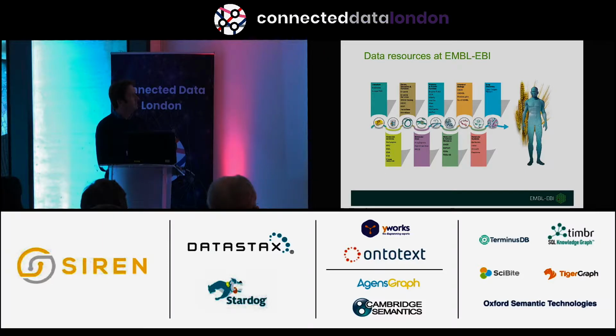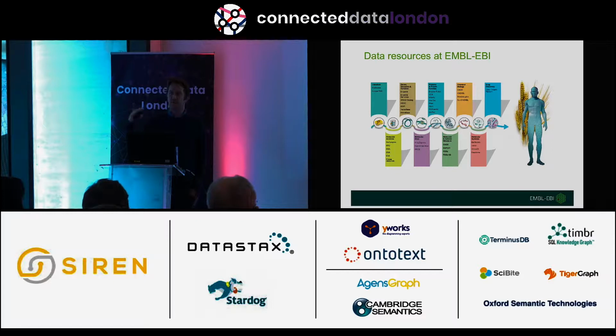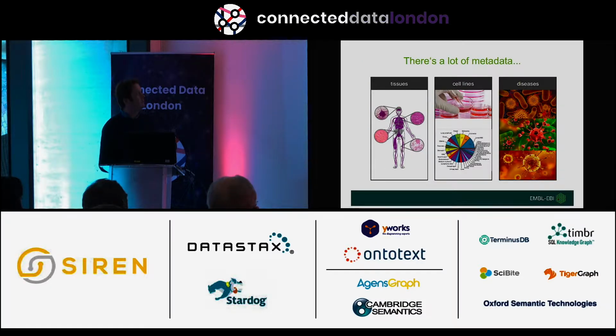So from the sequence data, we build up to the annotations for the genes and the proteins, and then we look at the functional annotation of the genes and the proteins, structural annotation, right through to chemistry, like I mentioned, drugs and drug targets, right up to biological systems. So we have all these layers of abstraction where we start with the raw data, and we're always adding these layers of curation to turn this raw data into knowledge and what we understand about basic biology.